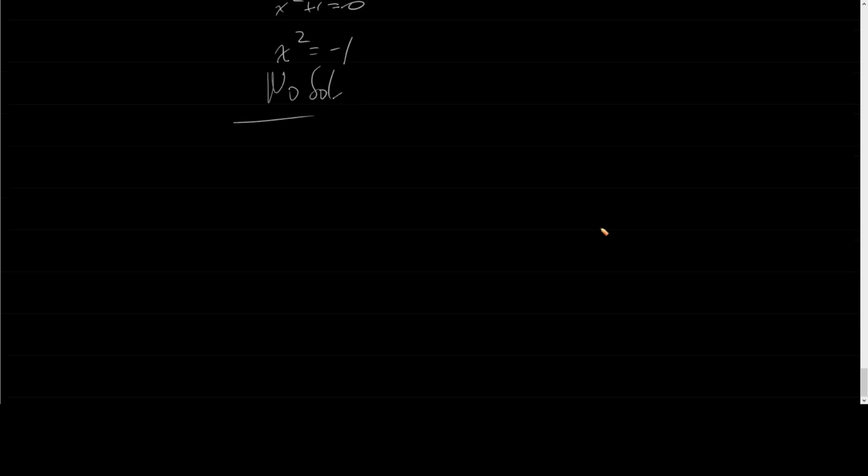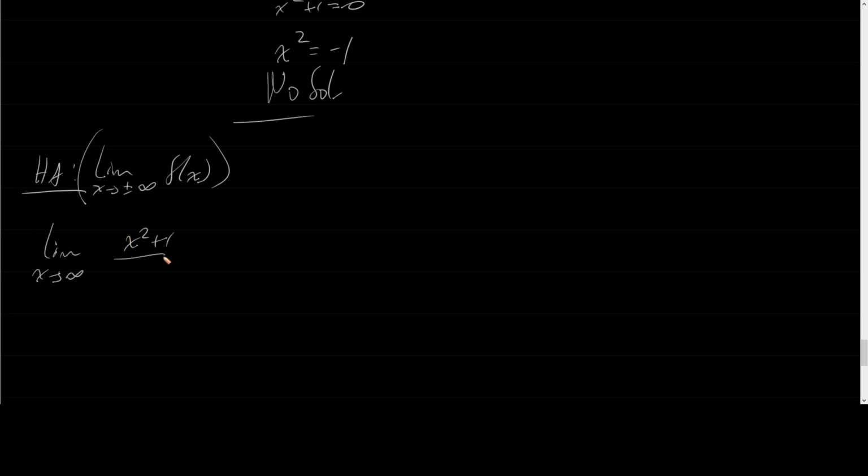So let's see. Horizontal asymptote. The horizontal asymptote is when we take the limit as x goes to plus or minus infinity of our function, right? So we have the limit as x goes to infinity of x squared plus 1 over x squared minus 4.